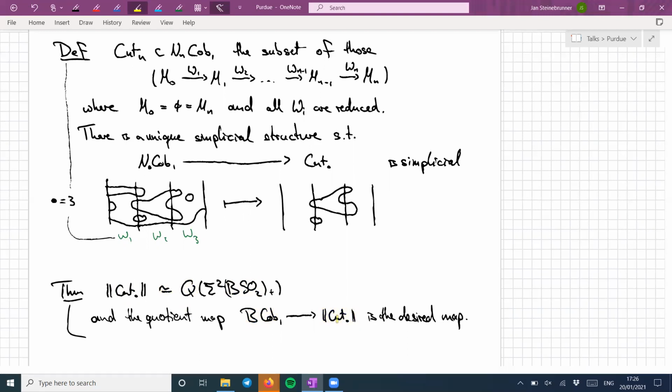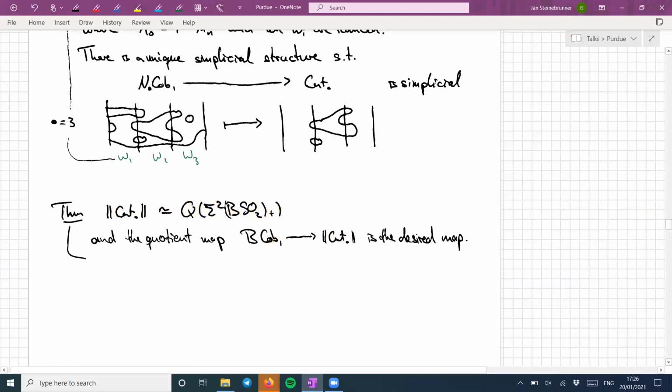And if we properly understand why this thing is equivalent to this free infinite loop space, then we could understand the kappa classes on the space of cuts, and then we can just pull them back via this simplicial map.